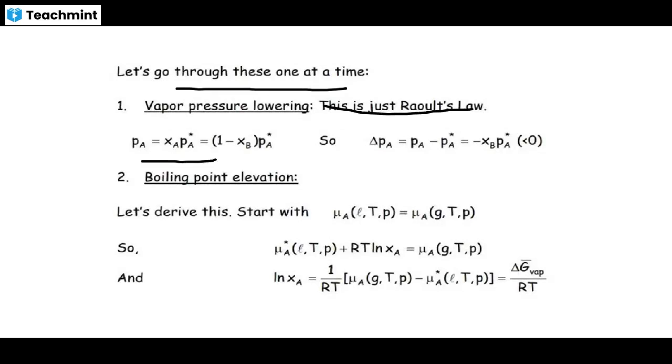Simple mathematics: ln x is equal to ln of 1 minus xb, where xb is very small. Then ln of xb is approximately equal to minus xb. All of these are simple mathematics you should know. Then nb by xb is nothing but nb divided by Na plus nb.